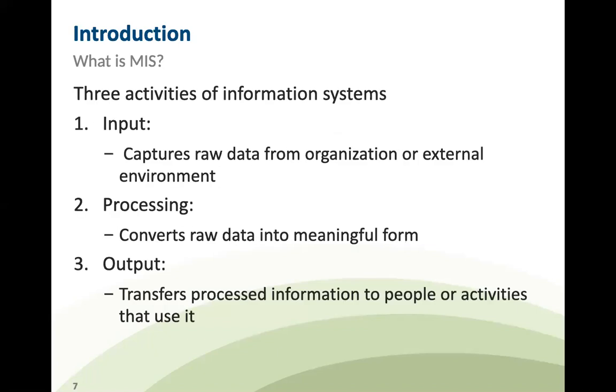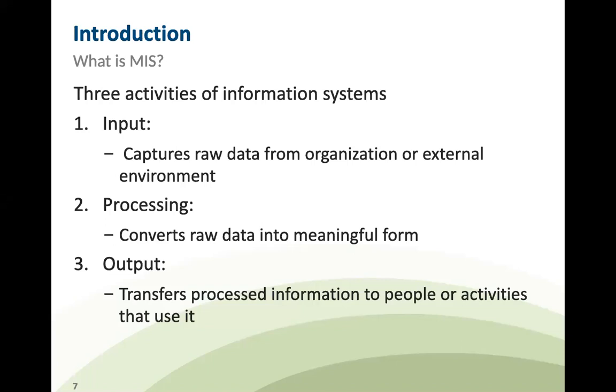Then in information systems, there are basically 3 activities. One is input: the system captures raw data from the organization or external environment. So this raw data can be collected from within the organization or from the external environment.